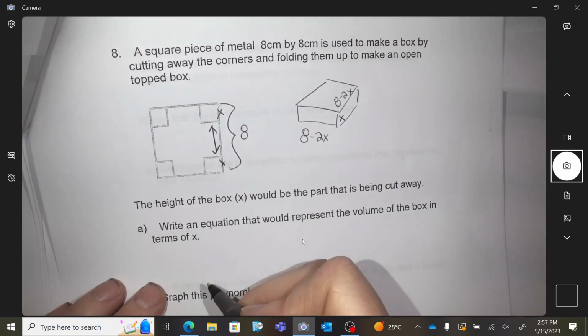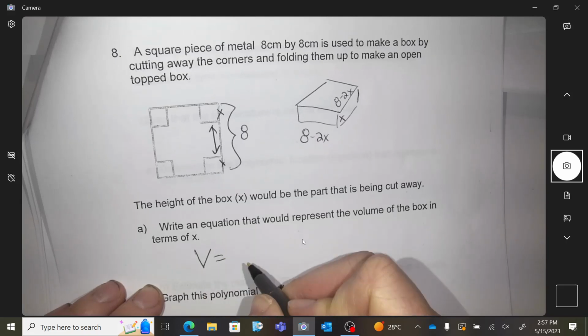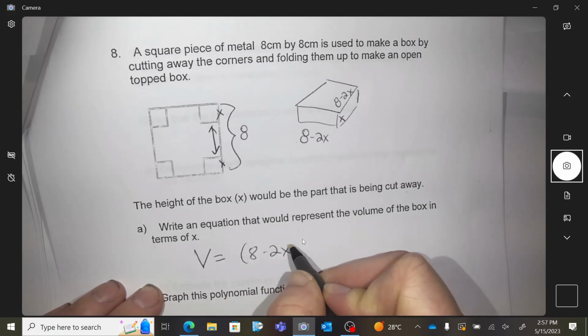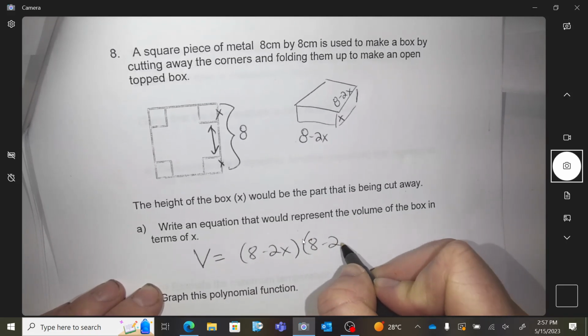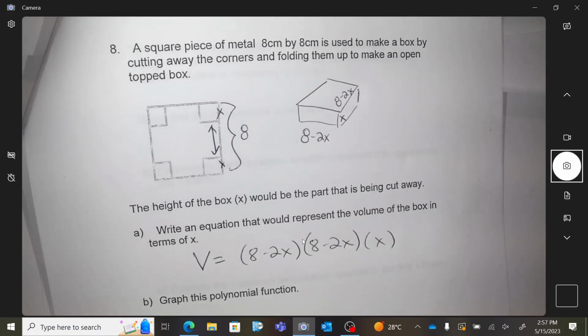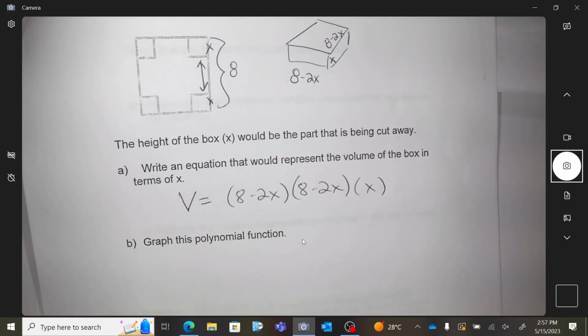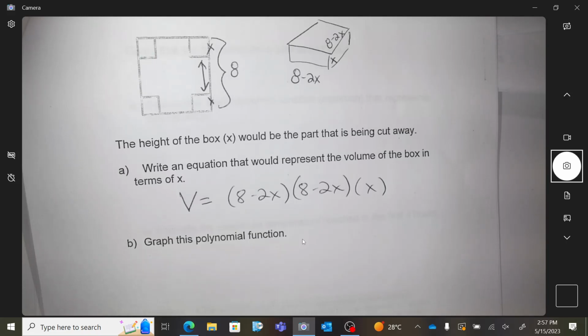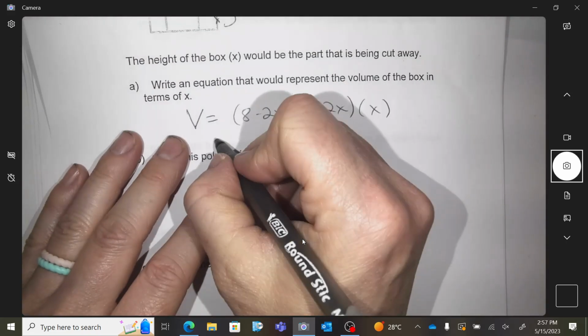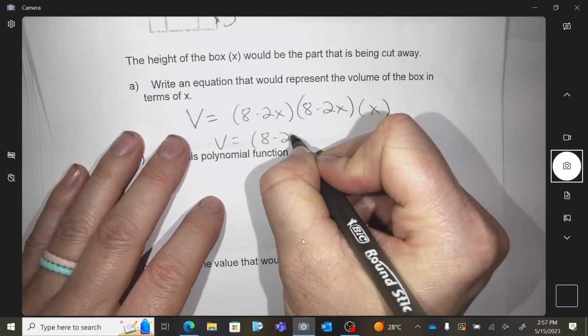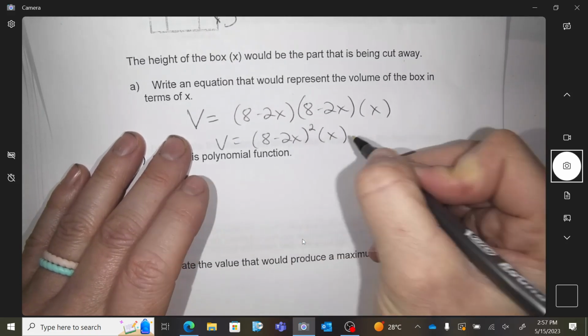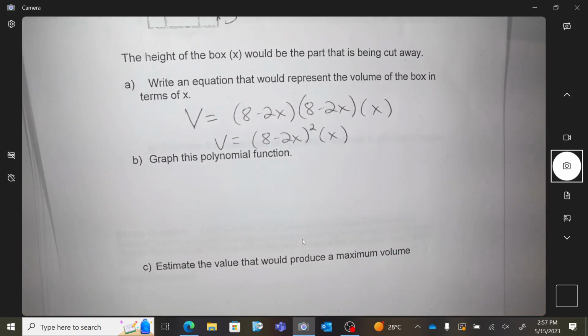So the volume equals 8 minus 2x, 8 minus 2x, times x. Okay, leave it like that. Or I would also be okay with squaring this one because it's a box that's got a square base. If it's a rectangle, you can't do that, right?